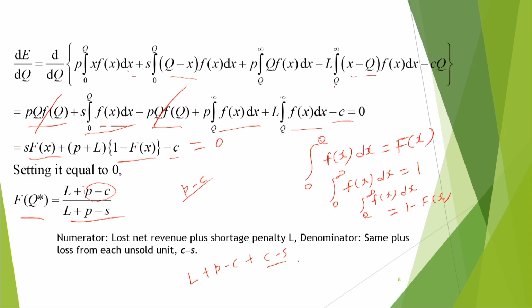c is the cost at which you have purchased and s is the salvage value. So, therefore, c minus s is the loss. That means, if I purchased one newspaper for 10 rupees and in the evening I had to discard it for 2 rupees, then naturally 8 rupees will be my loss. So, now we can write a simpler expression.